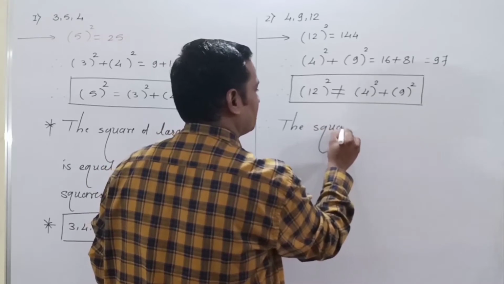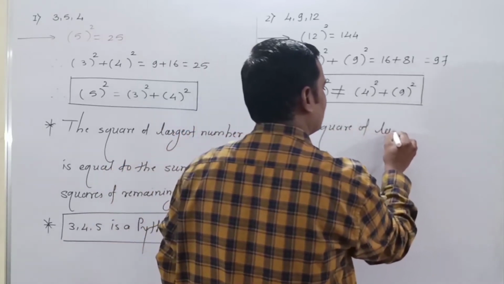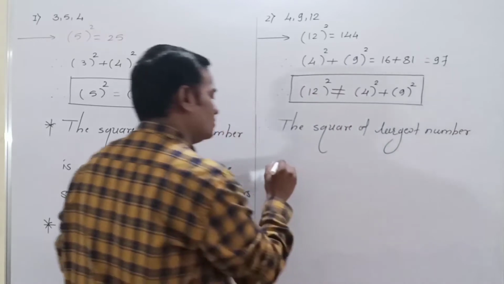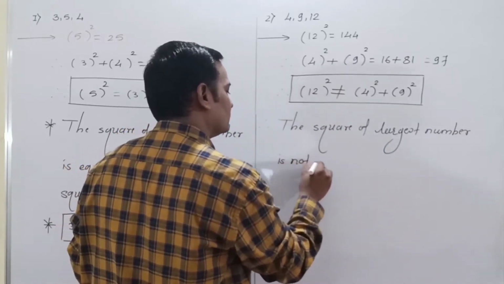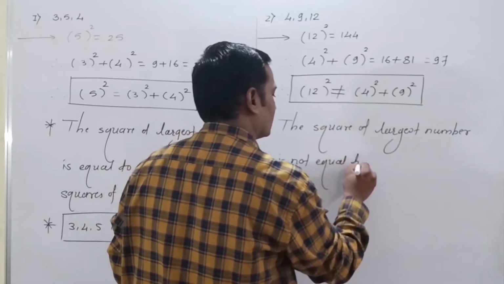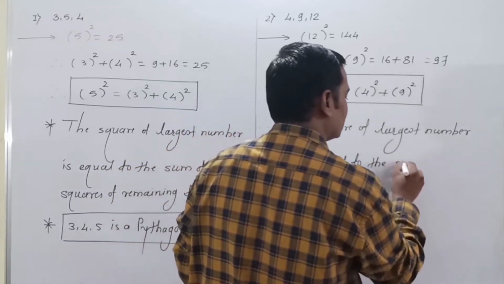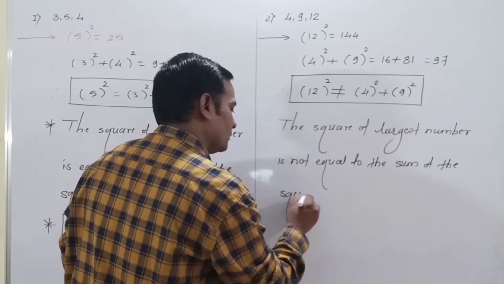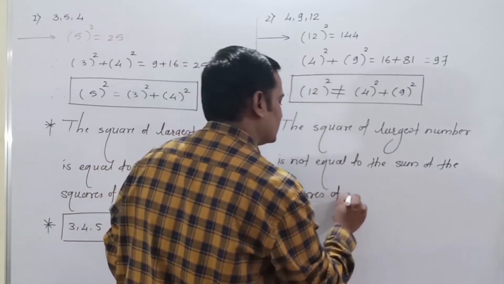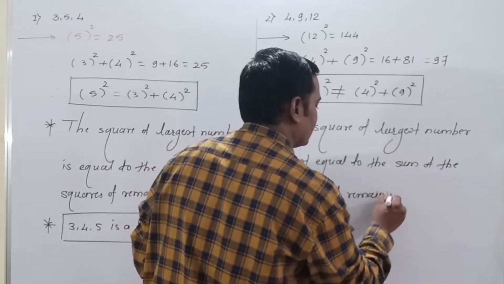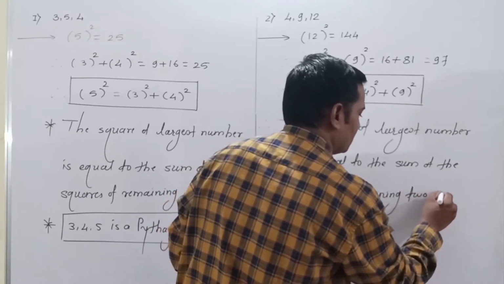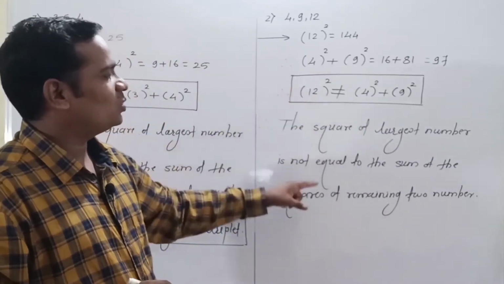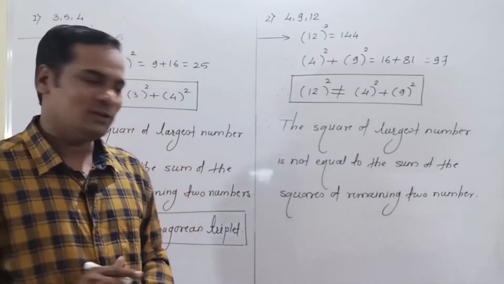So the answer will be: the square of the largest number is not equal to the sum of the squares of the remaining two numbers. In this case, the square of the largest number is not equal to the sum of the squares of the remaining two numbers.